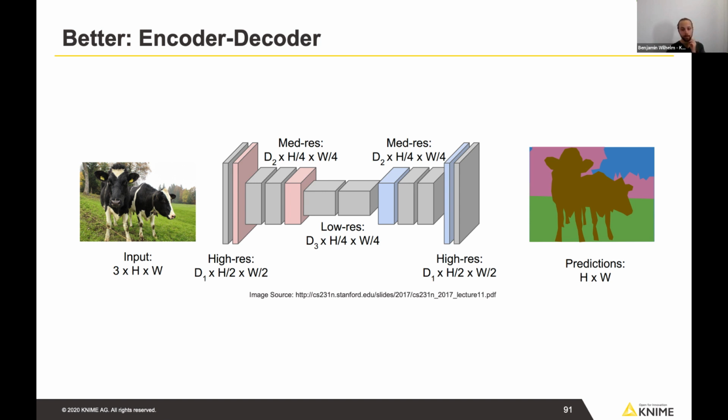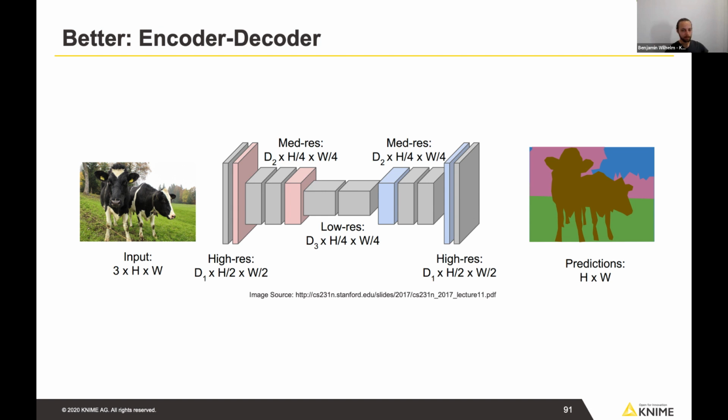And at some point, we do not predict the classification, but we start with the decoding of these features. So what we do is we again use convolutions and now upsampling layers to increase the resolution again, and to get the segmentation out of it. Do this over and over again, and we get a segmentation.